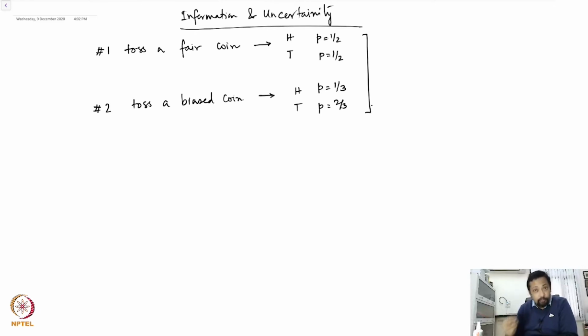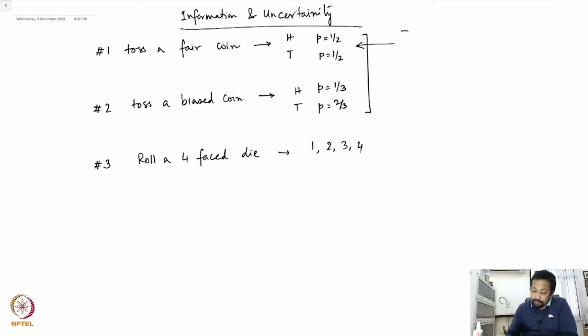So clearly of these two, if you want to ask in which experiment the outcome is more uncertain, then you will say experiment number 1, because both of these events are equally likely to happen. In the second experiment, of course, this is not true, because you know that the tail is most likely to appear more, right? Now let's do a third experiment where you roll a 4-faced die, and the outcomes you know are 1, 2, 3 and 4.